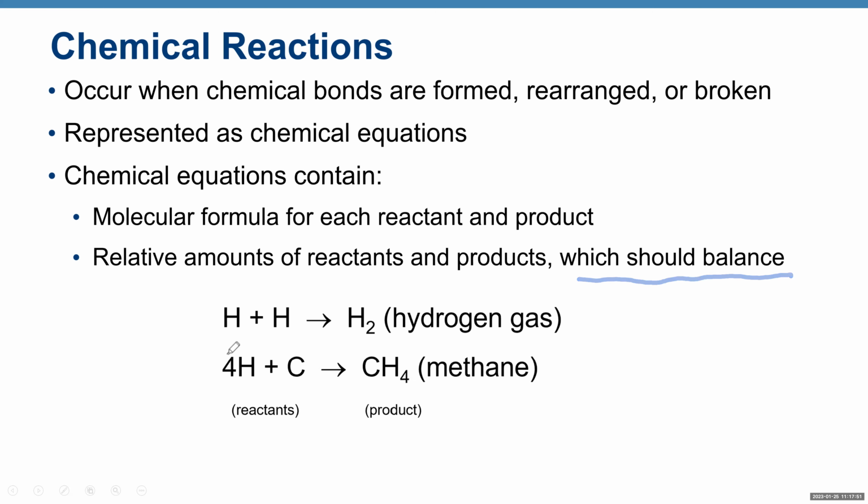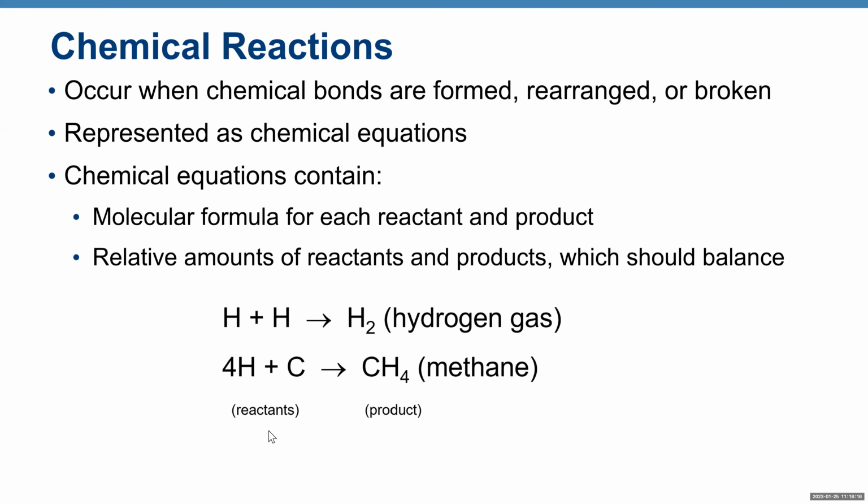For example, here are our reactants, hydrogen and hydrogen, forming hydrogen gas, so that's a product. The arrow shows us which way the reaction goes, or hydrogen and carbon form methane. So here's our product. And you can see the reaction needs to be balanced.